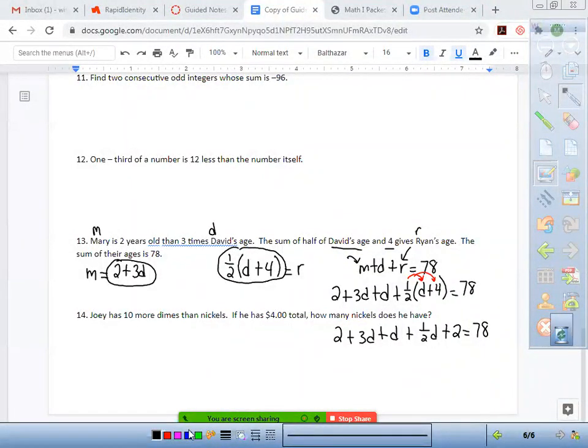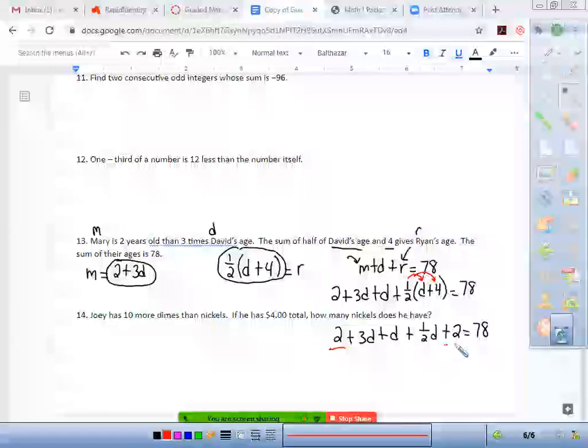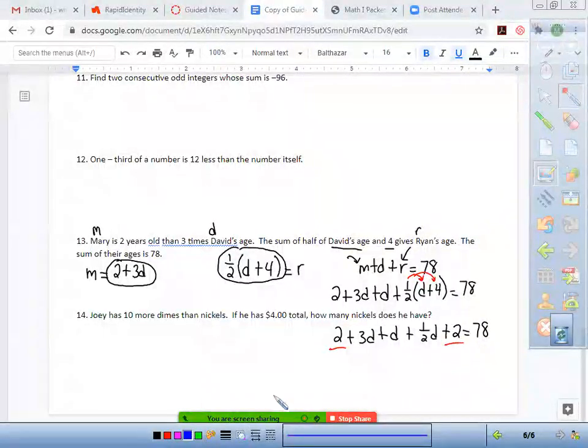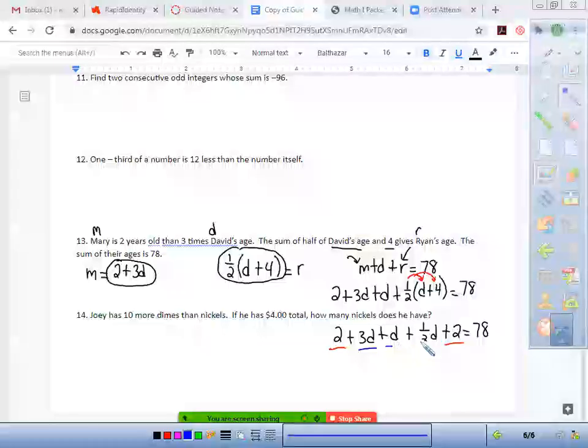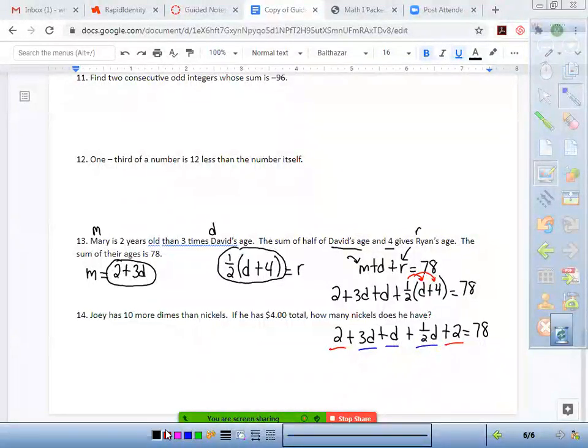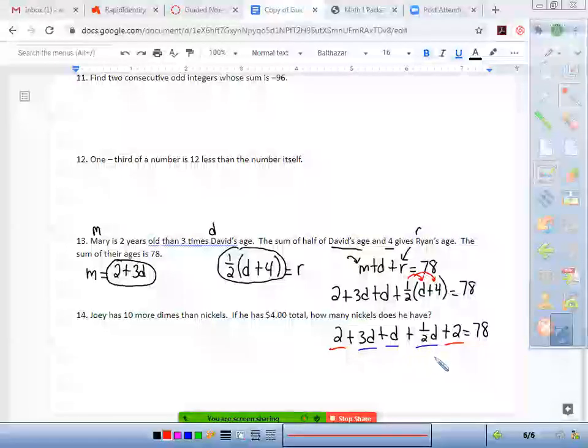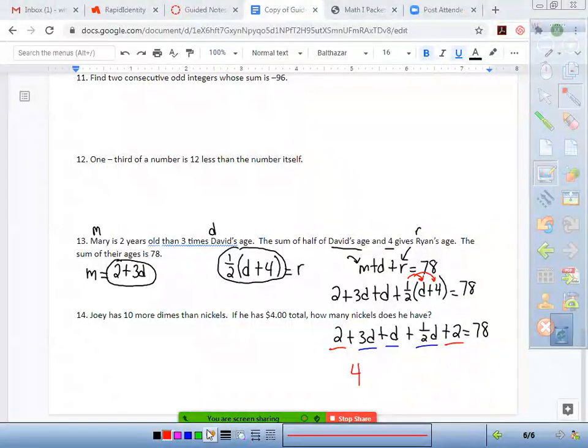And now let's see, I think we got some like terms. For instance, it looks like 2 and 2 are like terms. And 3D, D, and 1/2 D are like terms. What's 2 plus 2 going to be? 4. What do we have? 3D plus D, 4D, plus 1/2 D. It's 4 plus 1/2. 4 1/2 or 4.5.